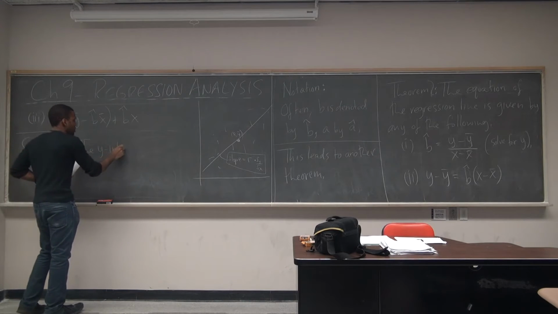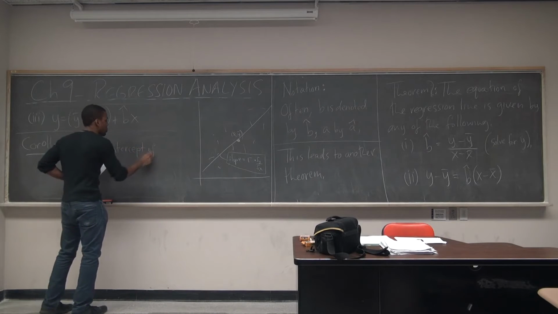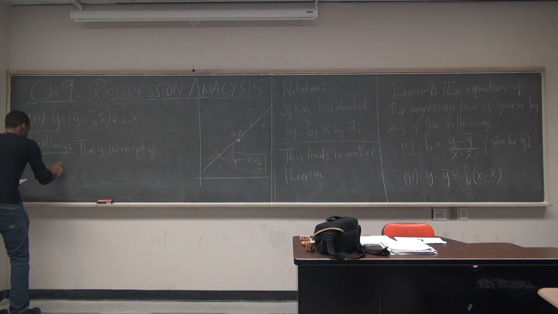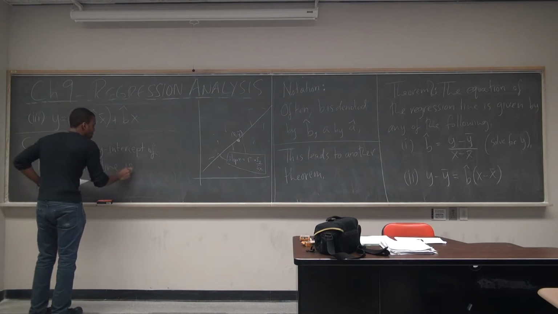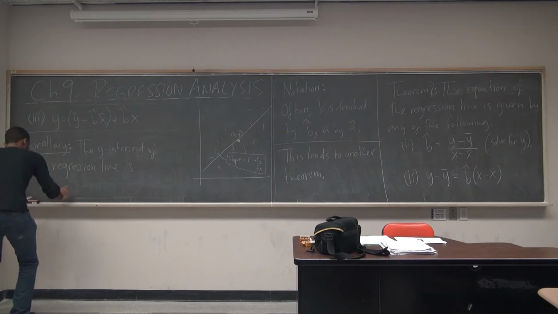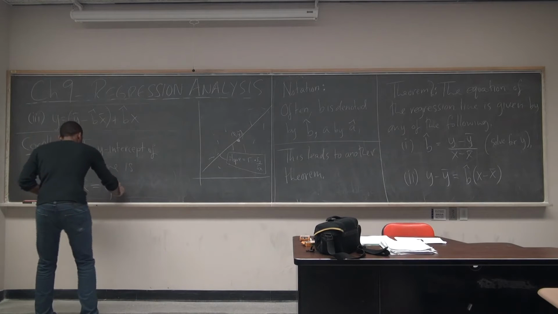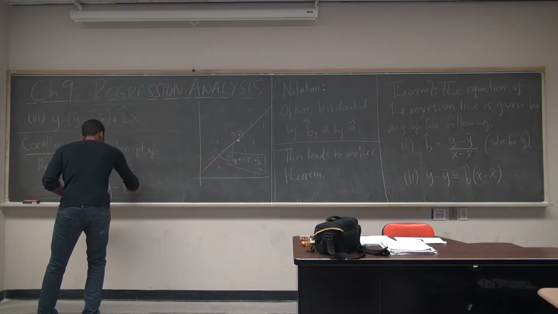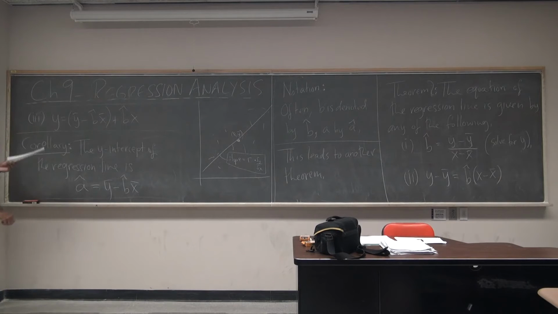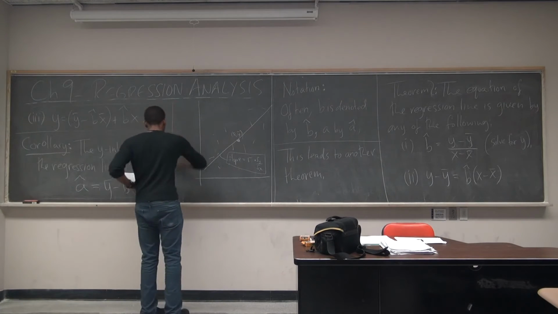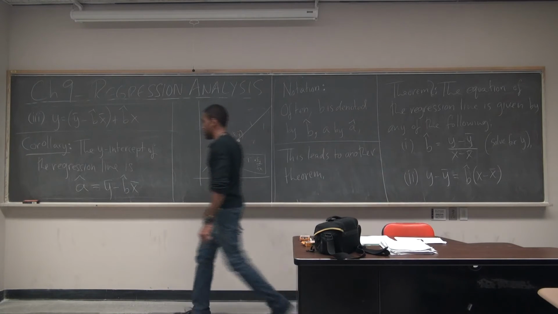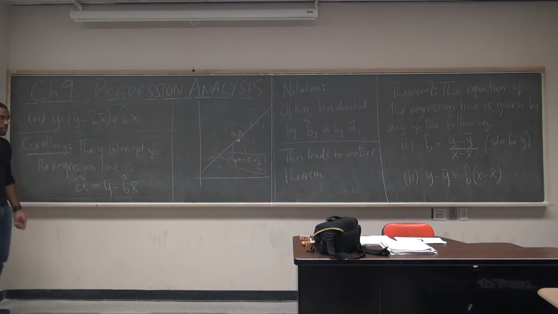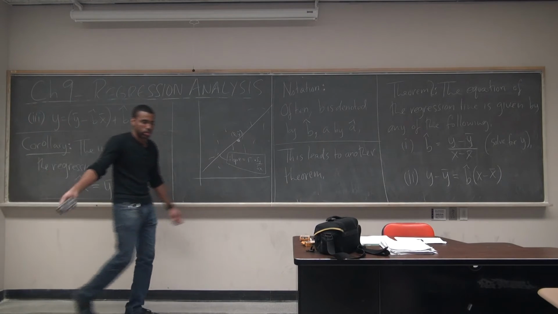The y-intercept of the regression line: a hat equals y bar minus b hat x bar. So if you're like me, you don't like memorizing things, pretty much know theorem 1, and then y minus y1 equals m times x minus x1. It's going to be the same thing.